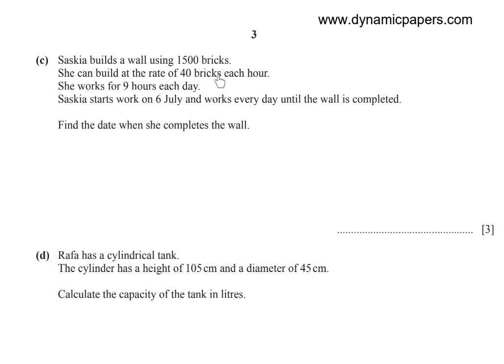So 40 bricks each hour and works for 9 hours. So 9 times 40, 360 per day. To find the number of days, you need to divide 1,500 by 360, which equals 4 and 1 over 6 as a mixed number.